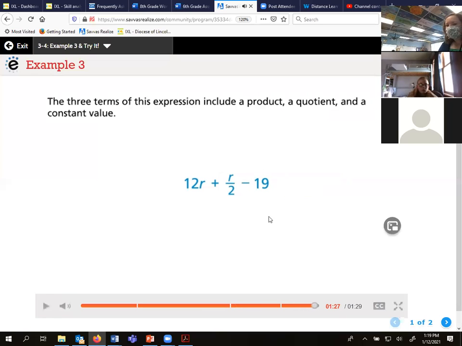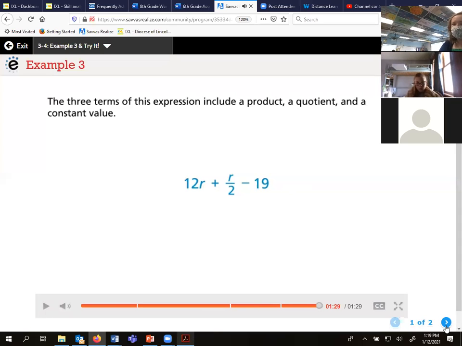Okay, the reason it's called a constant value is that nothing will change the 19. It's a 19. Like you don't times it times anything, you don't divide it by anything, it's just a 19. It's constantly 19. Okay.